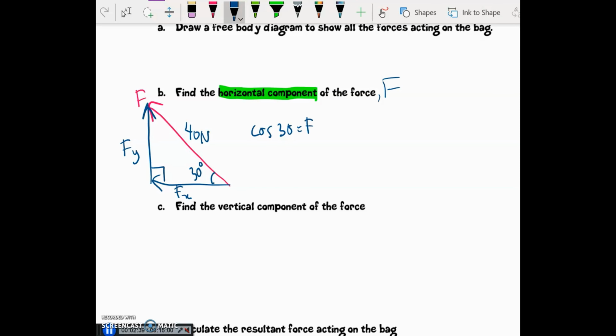So adjacent is Fx, hypotenuse is 40 Newton, and you calculate it using your calculator. You will get Fx equals 40 cos 30, which is 34.64 Newton.